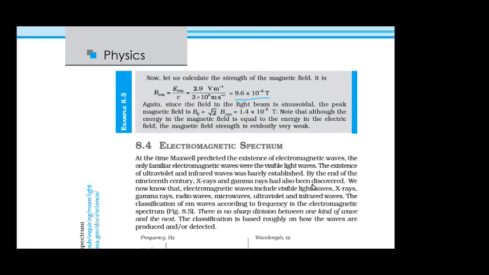Again, since the field in the light beam is sinusoidal, the peak magnetic field B naught is equal to root 2 B RMS, which is equal to 1.4 into 10 to the minus 8 Tesla. Note that although the energy in the magnetic field is equal to the energy in the electric field, the magnetic field strength is evidently very weak.